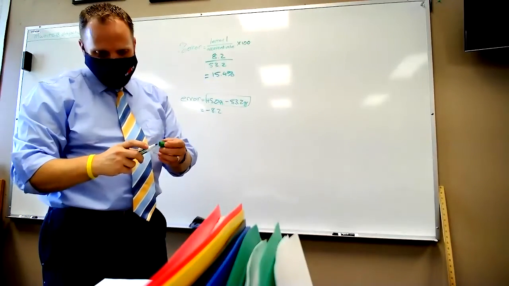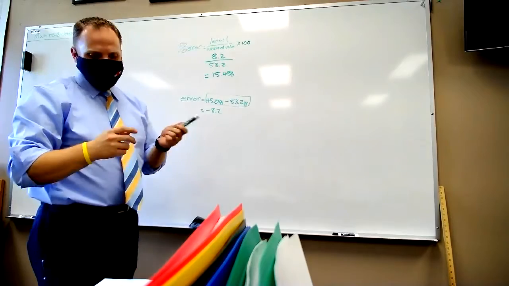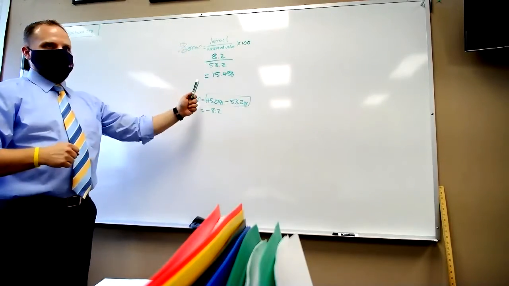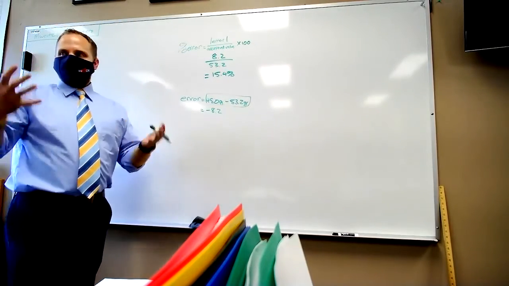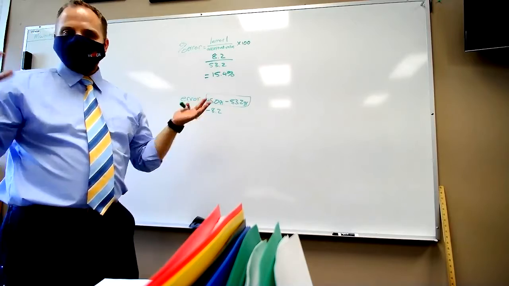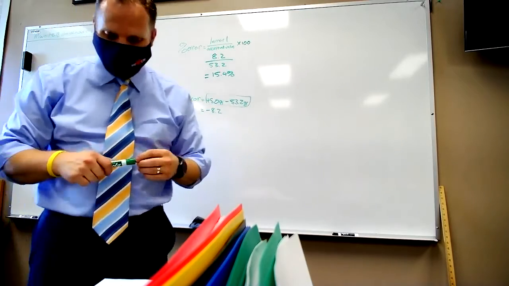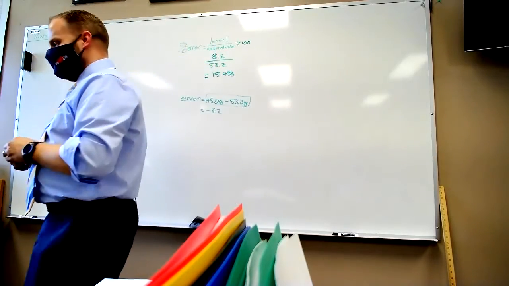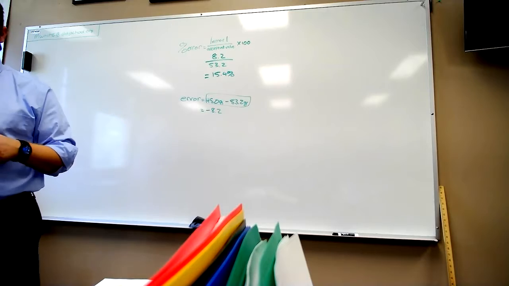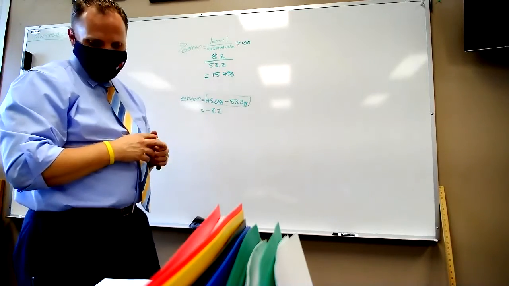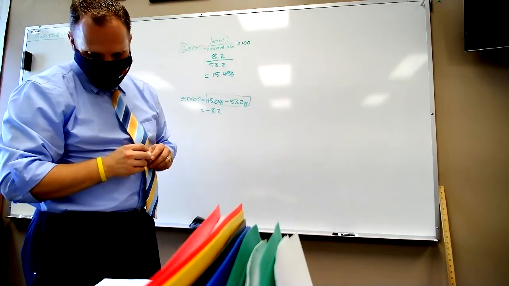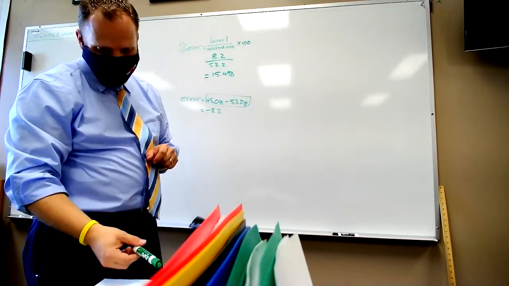Okay. Obviously, we want our percent error to be as small as possible. That's just the way it is. You want your measurement to match with the accepted value. Okay.